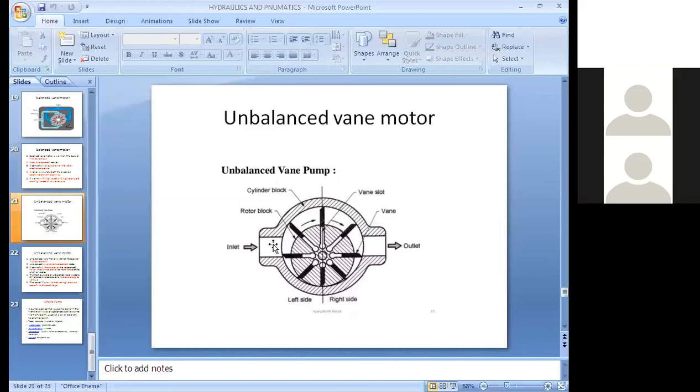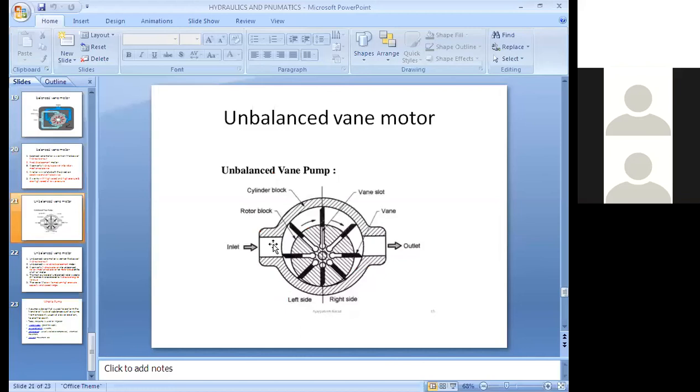Once it starts rotating, the oil enters up to the left side. After crossing the vertical center line on the left side, it exits. The oil entering through the inlet creates pressure up to the center line. After that, it comes out through the outlet at high pressure.